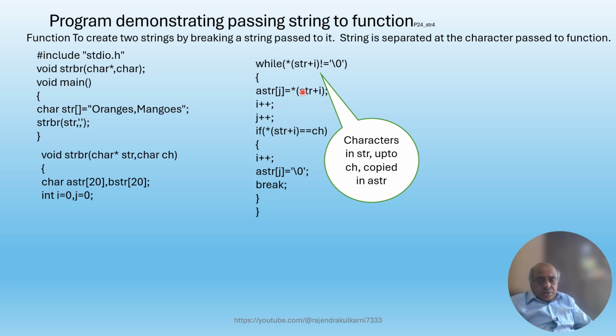So what this while loop does is characters in str up to the contents of ch, which is comma in this case, are copied into another string astr. When this copying is complete, we add /0 as the terminating character of astr and the loop is broken.